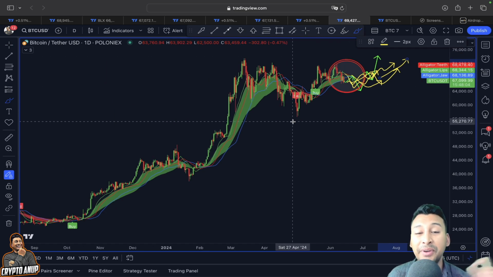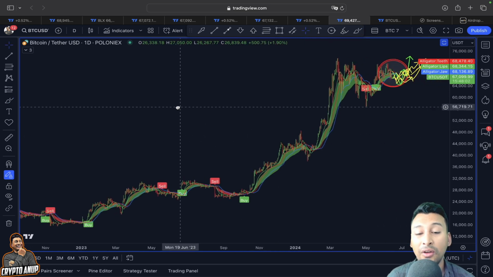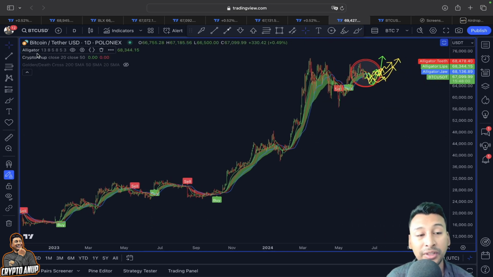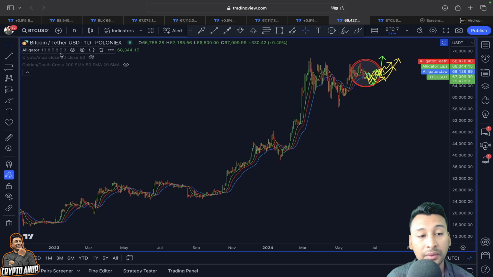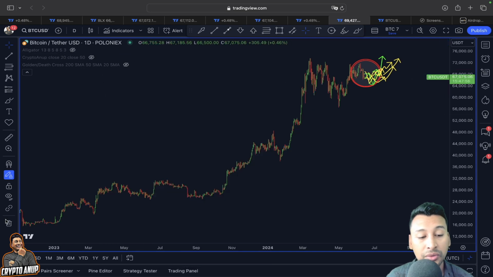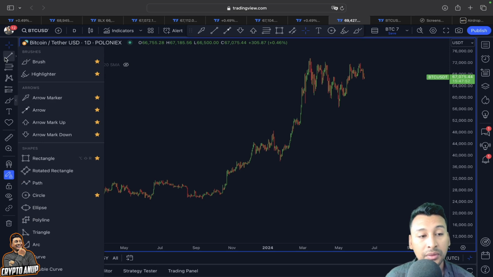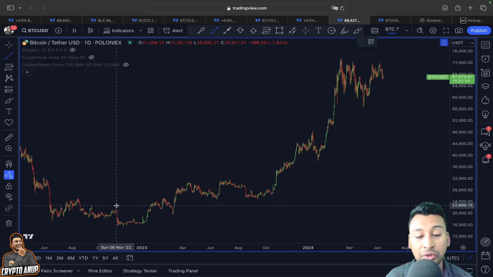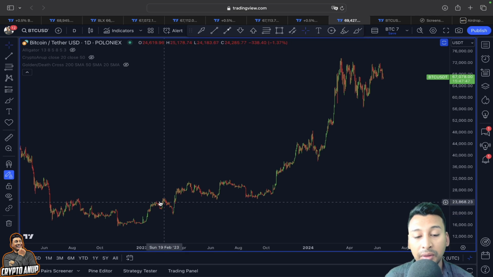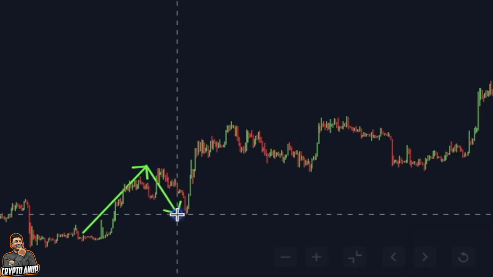Yes, guys, I personally think the price of Bitcoin could be forming a very similar move to this one here. Let me show you from this past price action. You can see the price of Bitcoin during an uptrend: impulsive move, corrective move, right?